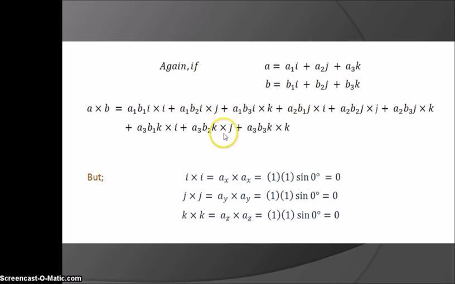Since this is a cross multiplication, we'll have cross, cross, cross all through. Well, if we were to simplify further, i cross i will be 1 times 1 sine 0. Remember, the angle between the same unit vectors is equal to 0. So sine 0, we are going to have 0, 0, 0. In the case of dot multiplication, we had 1 all through here, while in the case of cross multiplication, we're having zeros.